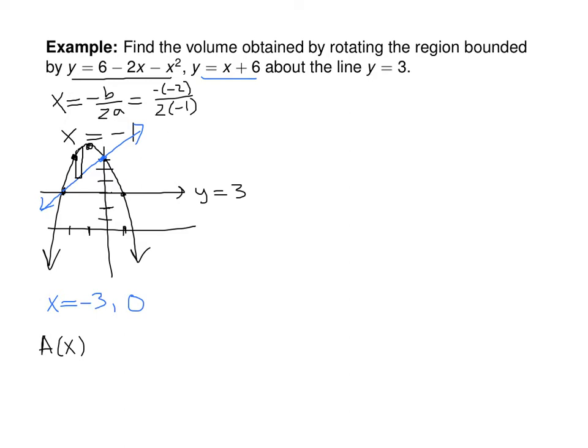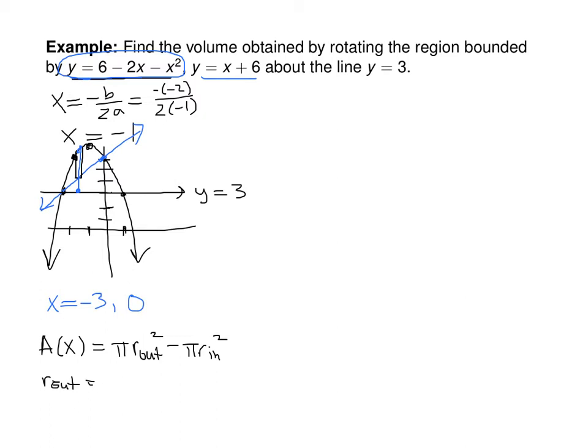So the area of a cross-section will be pi r out squared minus pi r in squared. Now in this case, r out is the distance from your axis of rotation to your outer curve. So we're looking for the distance from there to there. Now the distance from the x-axis to the curve is given by this, so we will have that minus 3.